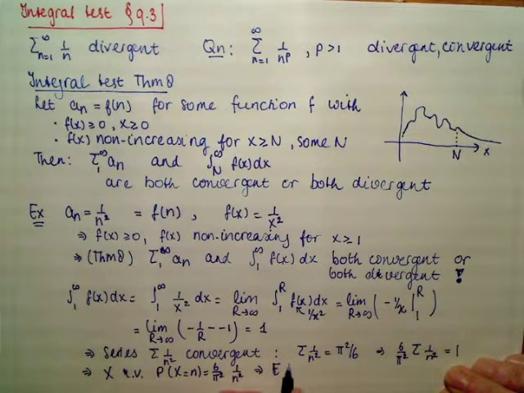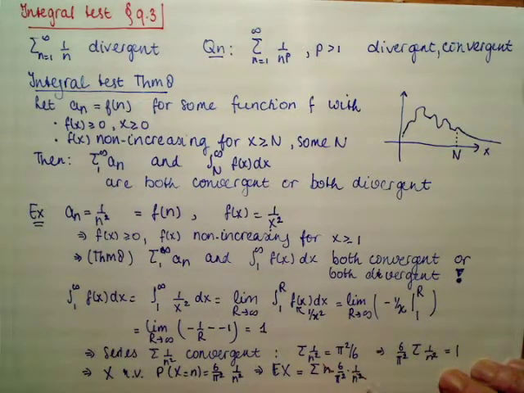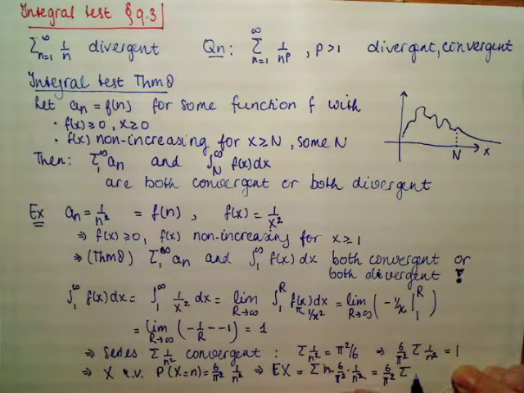And if we consider this probability distribution and compute the expected value of X, then this is equal to, well, X takes the value n with probability 6 over pi squared multiplied by 1 over n squared. And what you then see, and that's why I gave the example, is that this one term n in the numerator cancels one of the factors of n squared in the denominator, so we get in fact a harmonic series, and this is divergent.